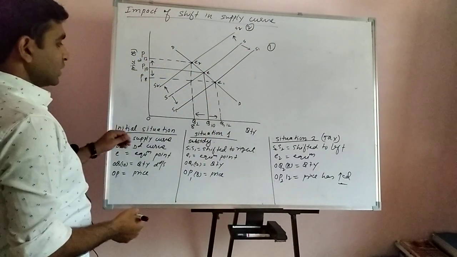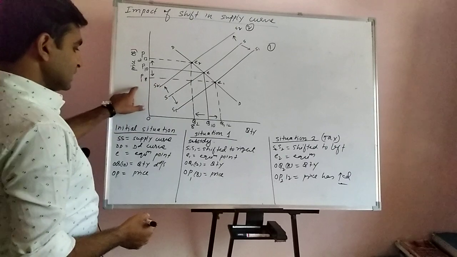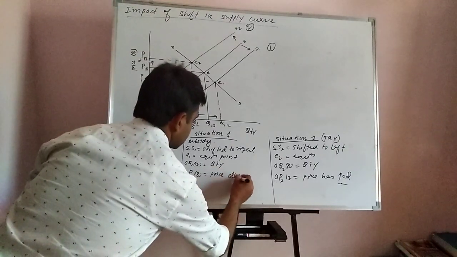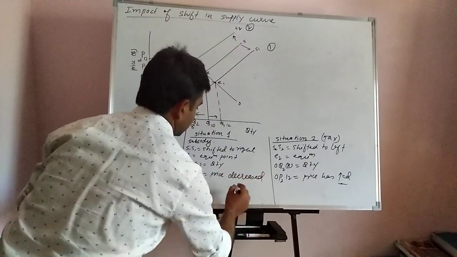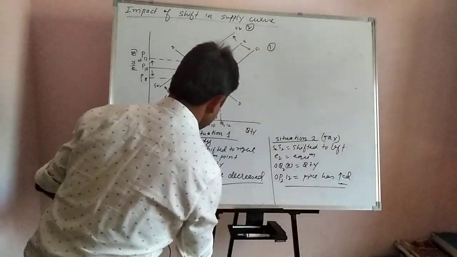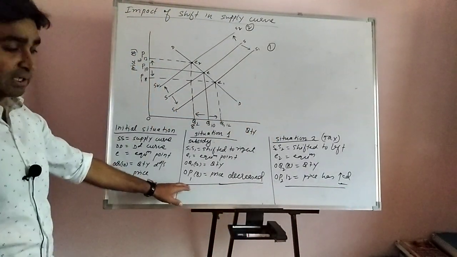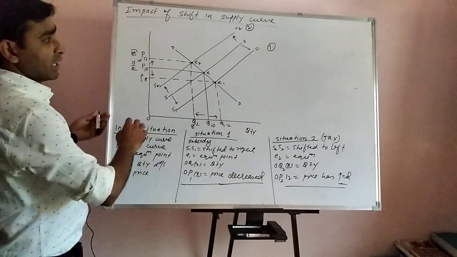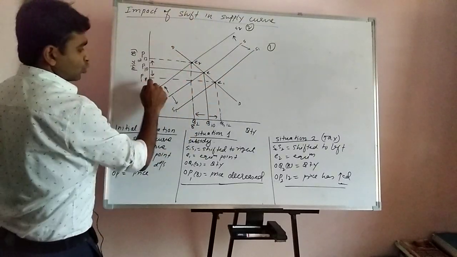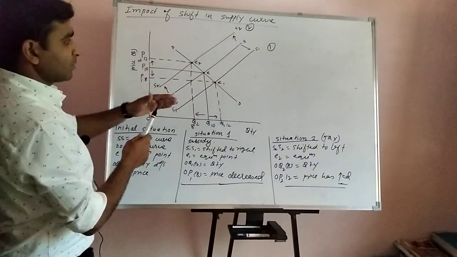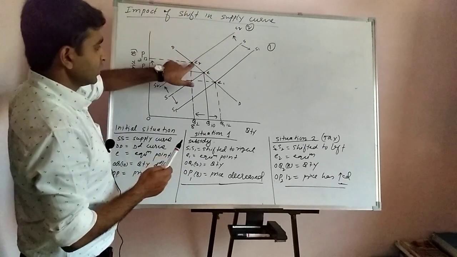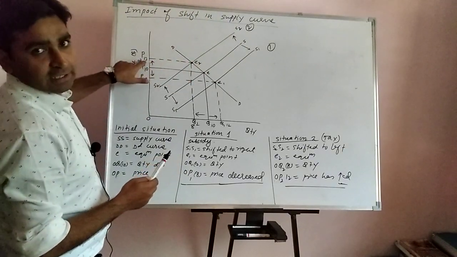In situation 1, you can see the price has decreased. So remember, this last point is very, very important. When supply shifts to the right, the price will decrease, and when supply shifts to the left, see E2, the price has increased.